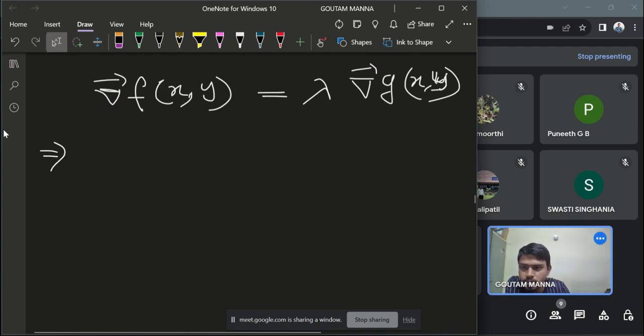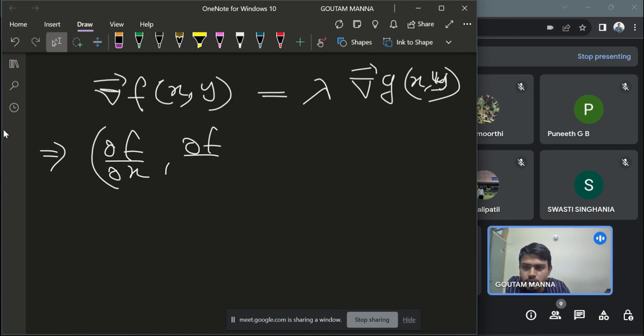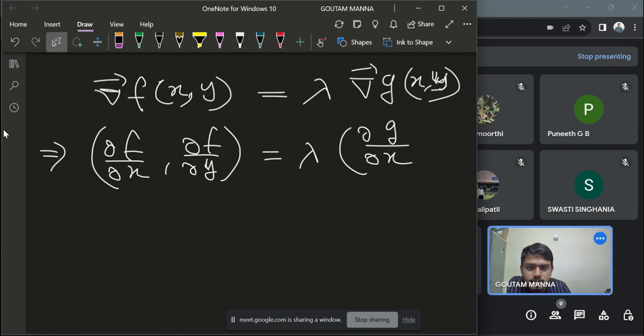So the x component will be del f del x, and the y component will be del f del y, equals to lambda times del g del x, comma del g del y.